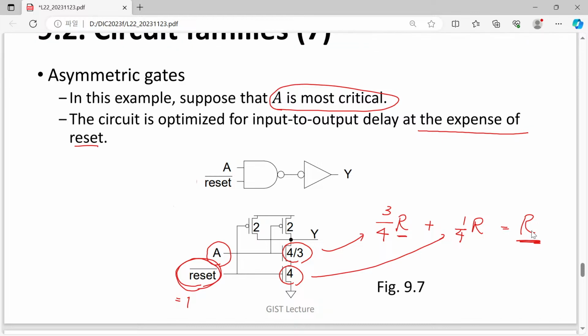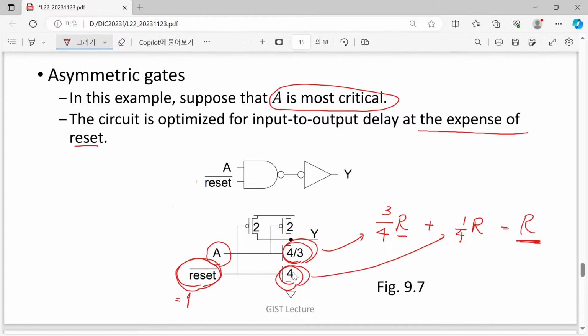Okay, good. But the point is, now our reset transistor is turned on.